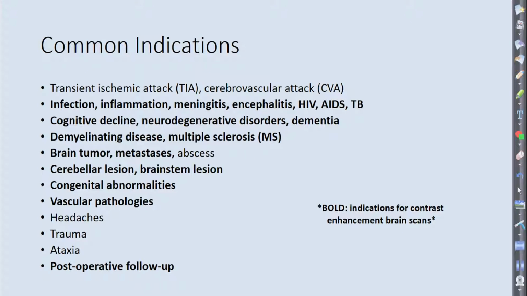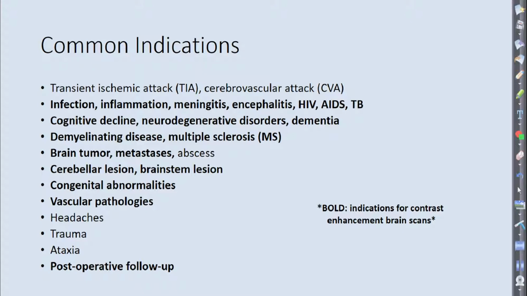Anything I put in bold is typically going to require contrast. So if you see any of these in bold and they don't have a script that says MRI brain with and without contrast, you might have to call their physician and have them fax over another order. Typically infection, tumors, MS need contrast to really enhance those lesions.